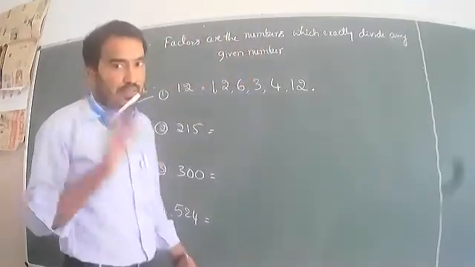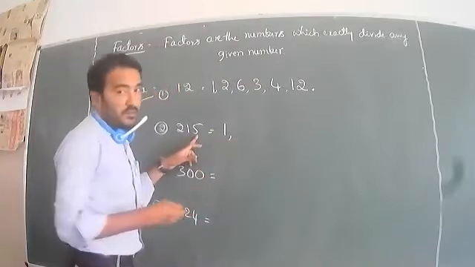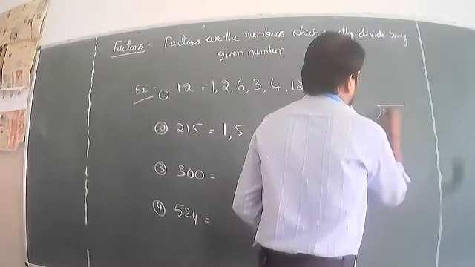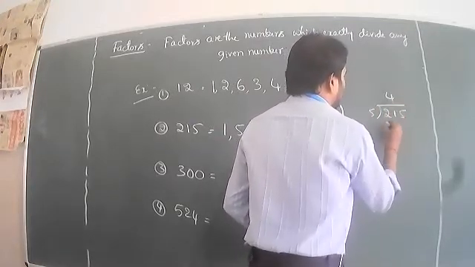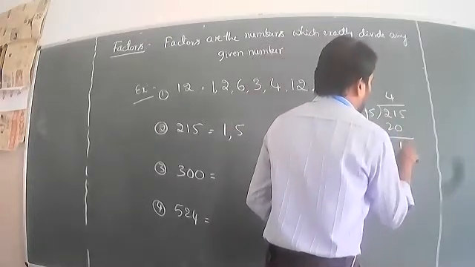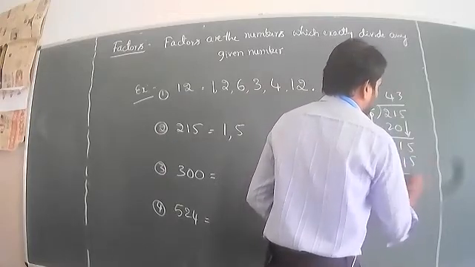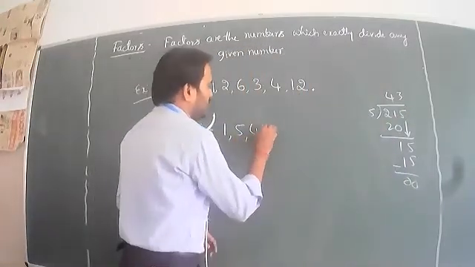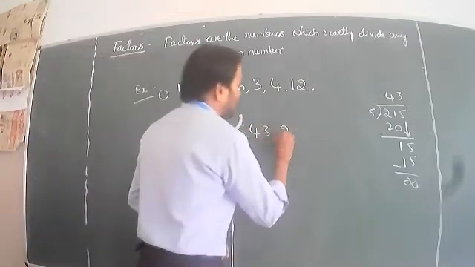So 1 can divide, and 5 can divide. Check here: 5 times 43 is 215. Next, 215 itself can divide.